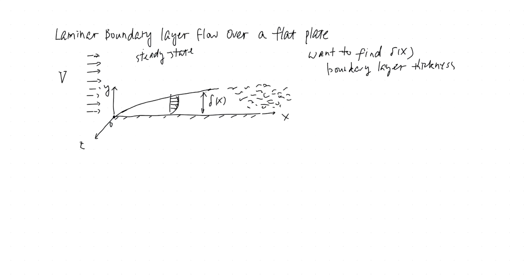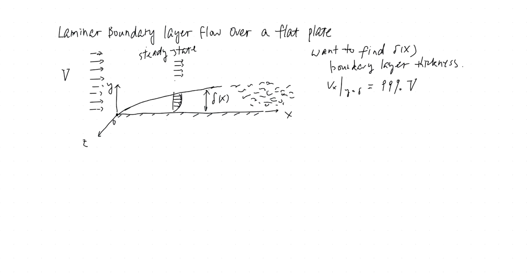The boundary layer thickness in this context is defined such that Vx, the x direction component of the velocity, evaluated at the boundary layer at this x, is 99% of the incoming velocity V. In the bulk part, everywhere has a constant velocity V, so it's uniform.